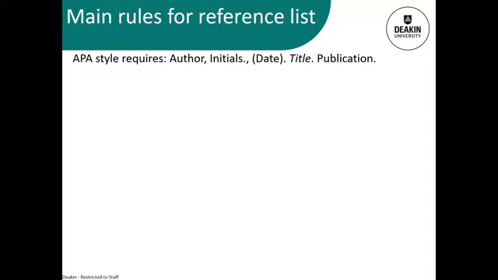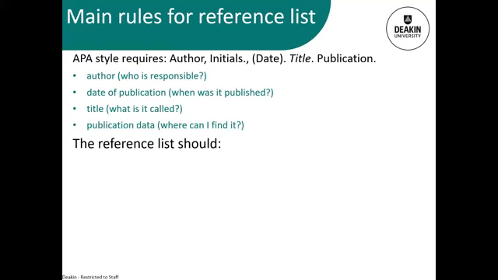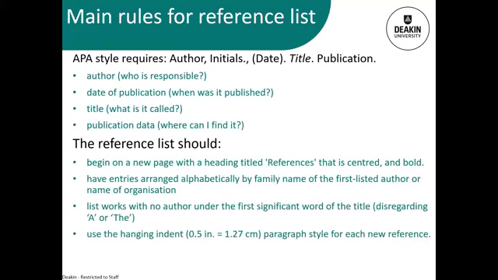There are a lot of rules for a reference list, so I won't go through all of them now, and you don't need to remember them, but the main ones are that it is a list of all the sources that you've cited in your work, 1 listing per work.